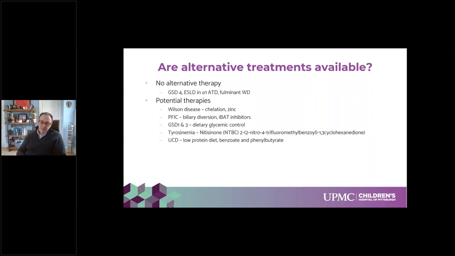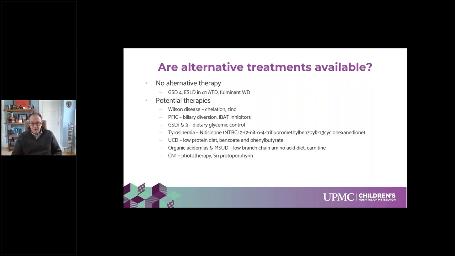Low protein diet, benzoate, phenylacetate, butyrate can be used in urea cycle disorders. The organic acidemias are managed with dietary management, and phototherapy, tin protoporphyrin, has been used in Crigler-Najjar. In primary hyperoxaluria, dialysis and just individual renal transplantation has been advocated.